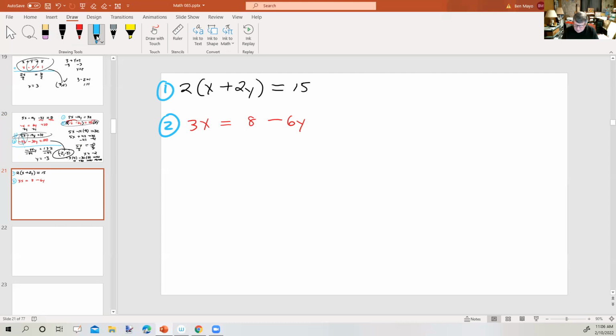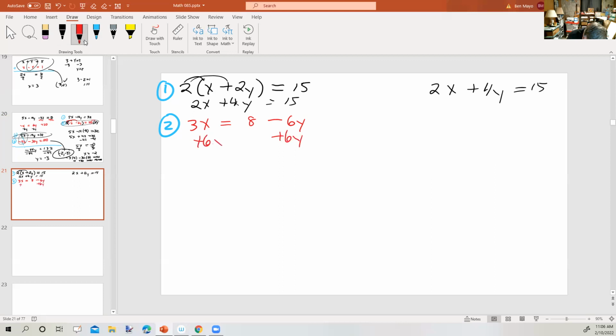So once again, I'm going to distribute and get things lined up. So I've got my something x's plus something y's equals a constant. Okay, so for that top equation, distributing, I get 2x plus 4y equals 15. The second equation, I'm going to add 6y to both sides.